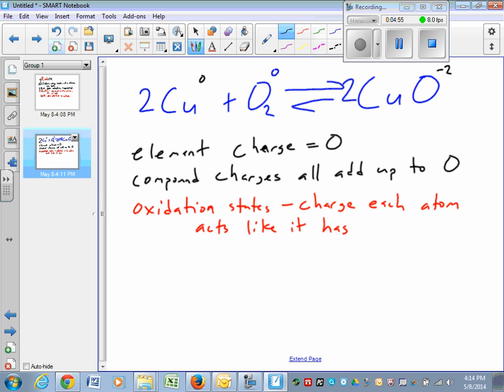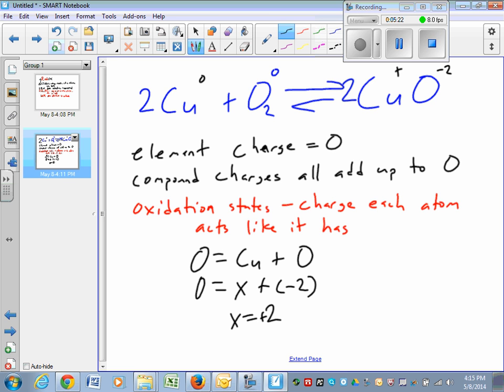Oxygen is -2. So when we add 2 to both sides, we find out that copper has a charge of +2. This is something we could have already done because we do this when we name compounds all the time. That's how we know it was copper 2 oxide. It has a +2 charge.